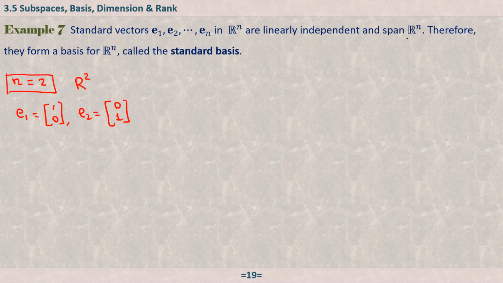The second one is we have to show that it spans Rn, but in our case, it spans R2. It means all of their linear combinations fill R2.